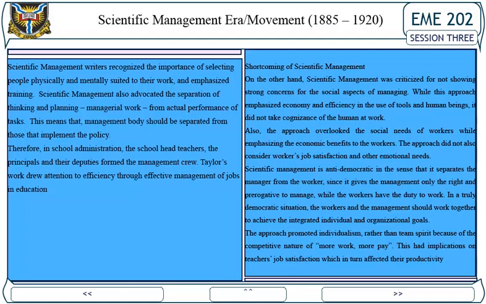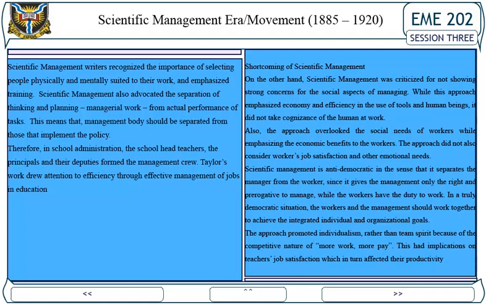Taylor's work drew attention to efficiency through effective management of jobs in education. Shortcomings of scientific management: on the other hand, scientific management was criticized for not showing strong concerns for the social aspect of managing.